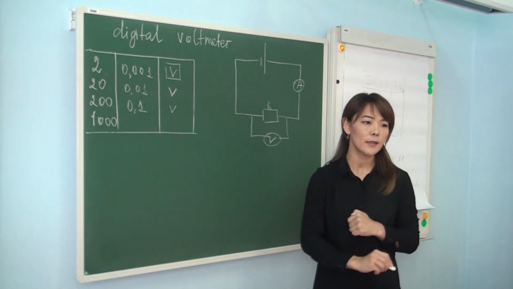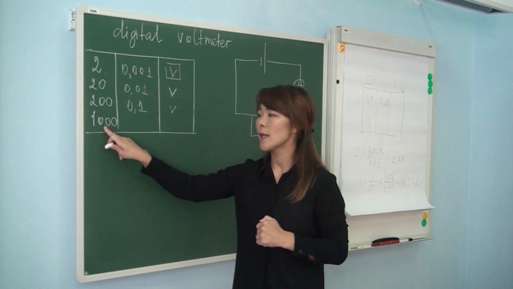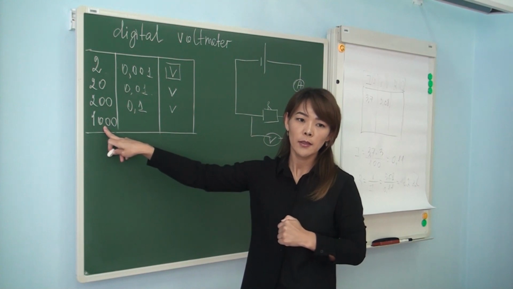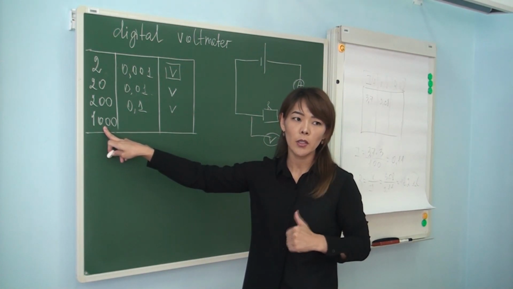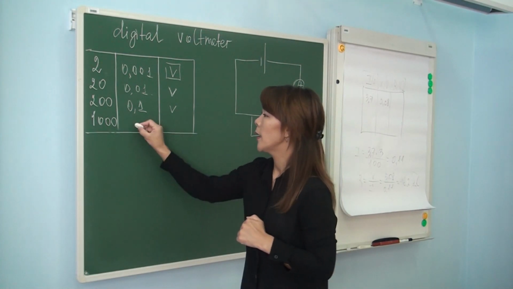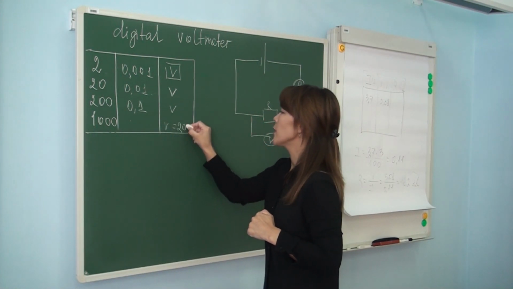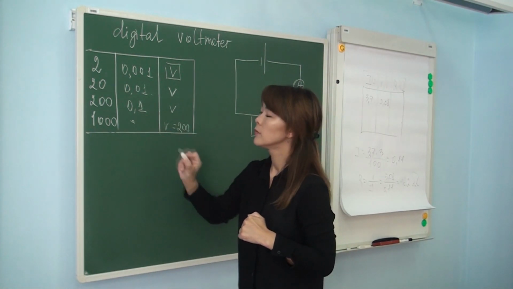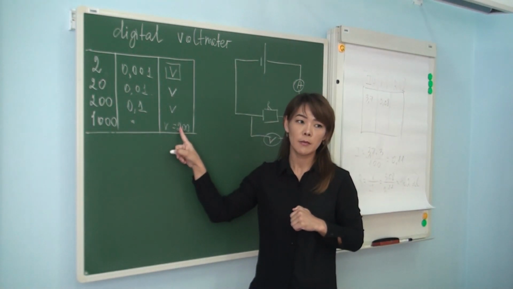No need to multiply or divide these values. Next, 1000 is used for high voltages, for example, 200 volts, 300 volts. For example, the value equals 200 volts. You can take the value. No decimal places.